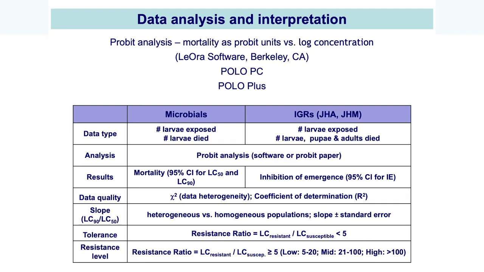Concentration response data are subject to probit analysis using one of the many computer programs that offer probit analysis. For example, you could use Polo PC or Polo Plus or almost any statistical software to calculate LC50 and LC90 levels, their 95% or 99% confidence intervals, the coefficient of determination, or R-squared, to quantify the fit of your bioassay data to the linear probit model, the slope of the dose response line, and population heterogeneity indicated by the ratio of LC90 over LC50.